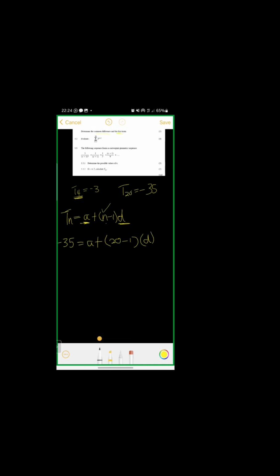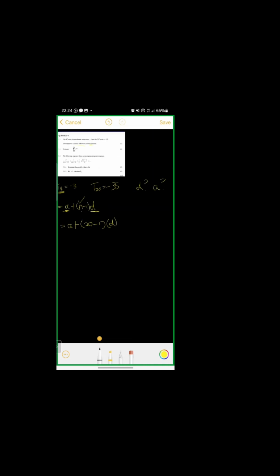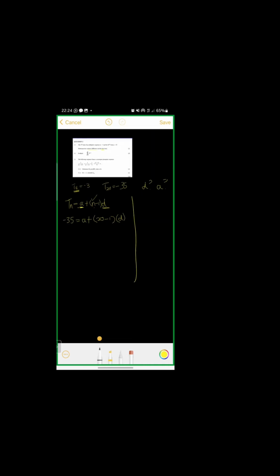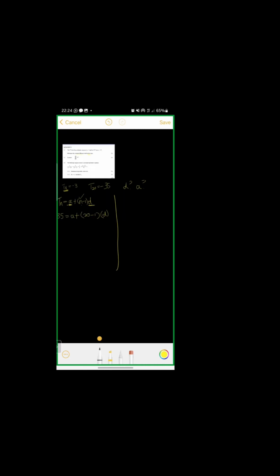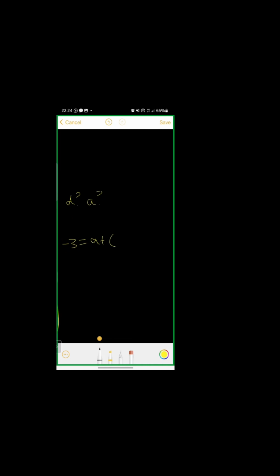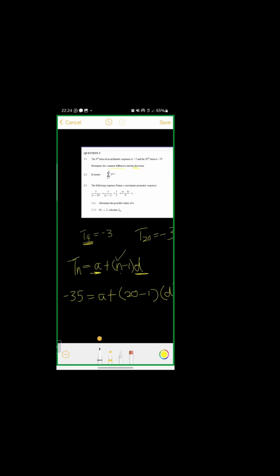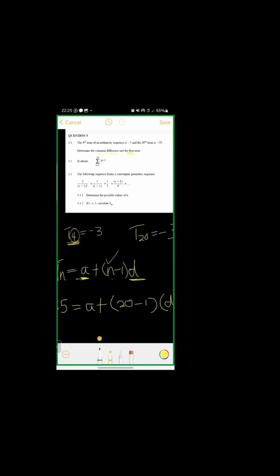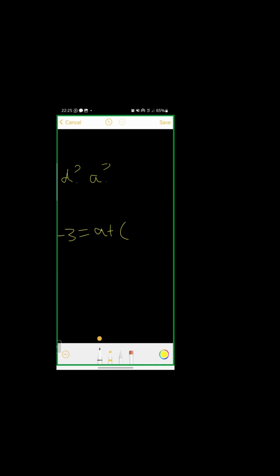I want us to do these things at the same time so we can see the flow. Now let's go to T4. They said -3 is equal to our A, which we do not know, plus our N. They said -3 is the 4th term, so let's replace our N: 4 minus 1, times our difference, which we also do not know.